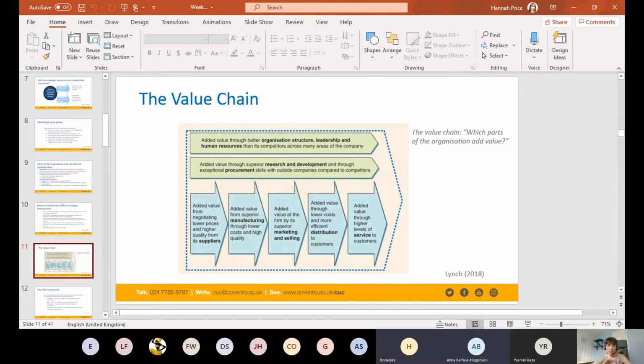At the bottom we've got the arrows, and the arrows go from getting materials in, creating something from them in terms of manufacturing, then taking them to market, which could be through sales agents, could be garages. We're then looking at whether we distribute them in a different way.